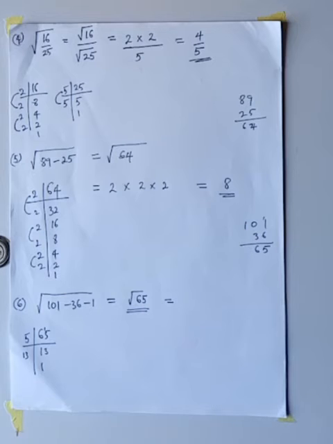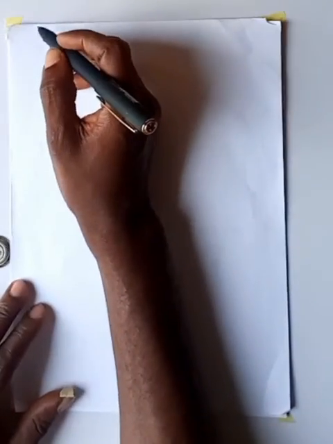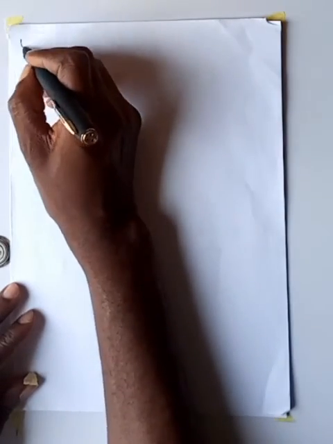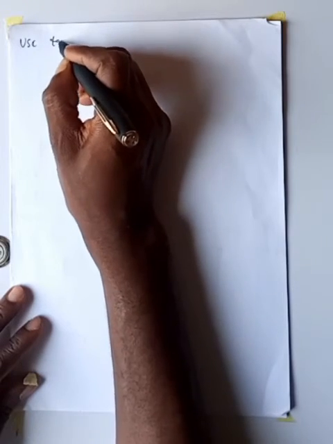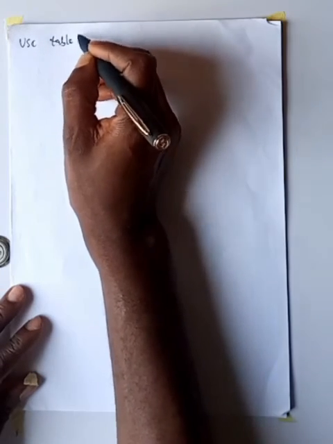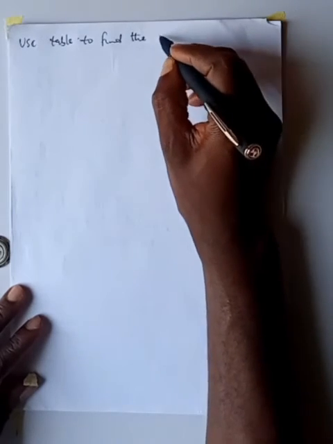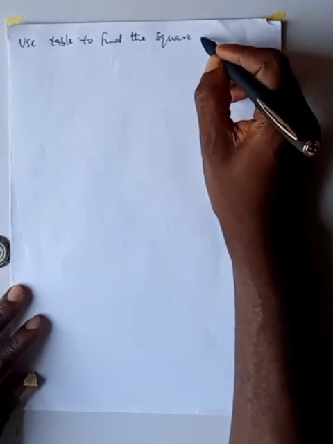And finally today, we also want to talk about square root of numbers, making use of table. So we are going to talk about 3 examples. Now use table to find the square root of the following.